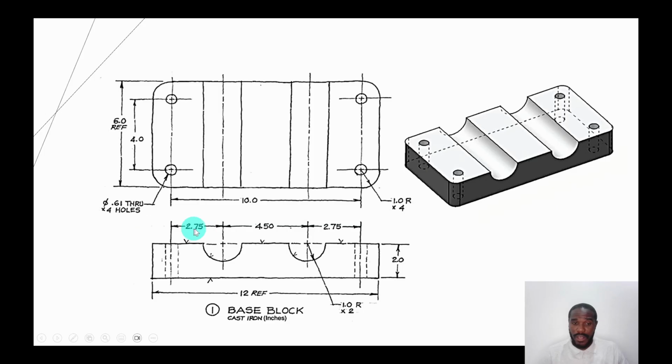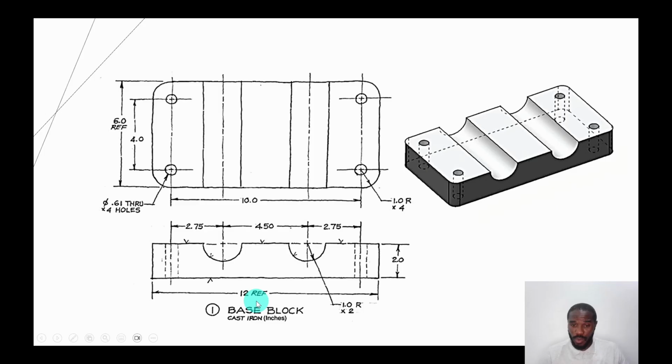So 1 plus 1 on this side, that's 2, plus 2.75 will be 4.75, plus 2.75 will be 7.5. Yes, 7.5. And then when you add 4.5 to that, you'll have 12 exactly.